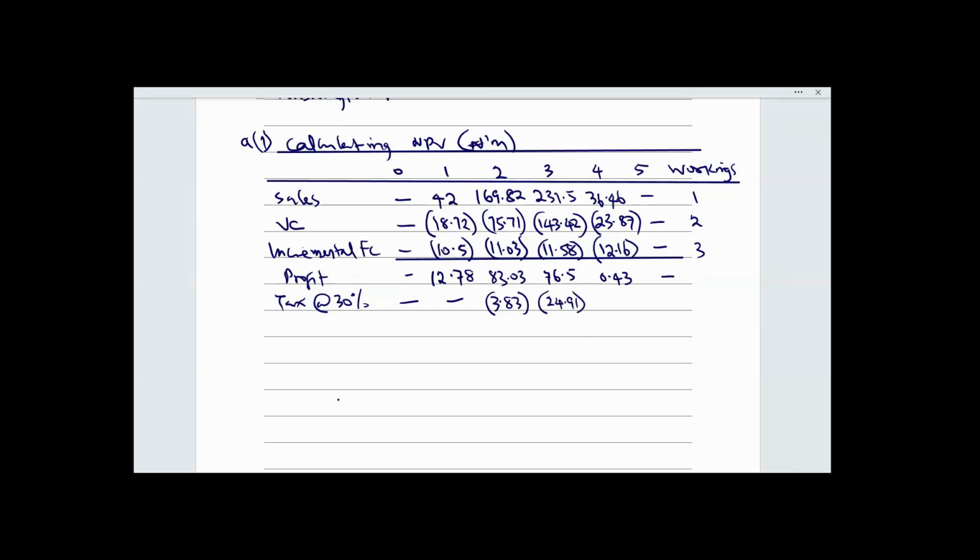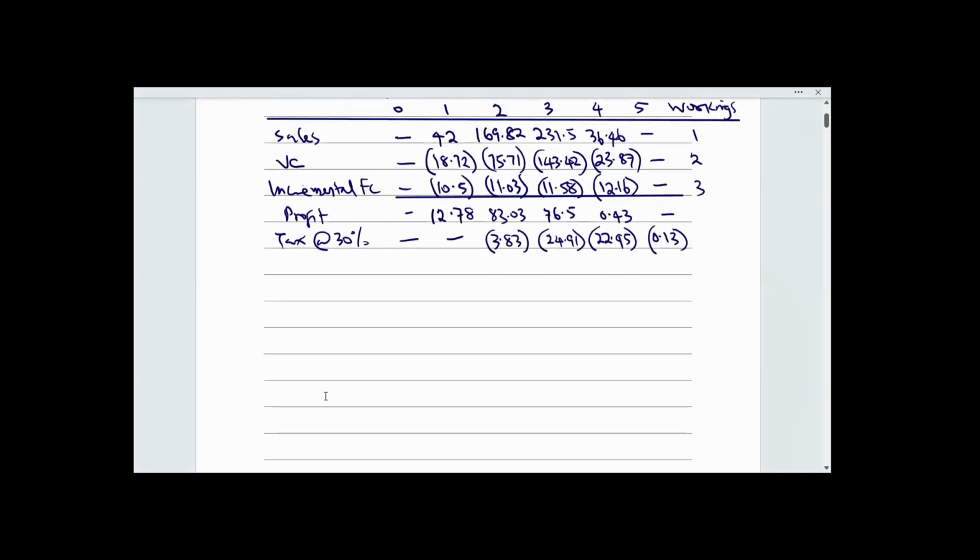Year three, 76.5 multiplied by 0.3 equals 22.95. Then profit of year four, 0.43 multiplied by 0.3 equals 0.13. So that's the tax liability for each year.